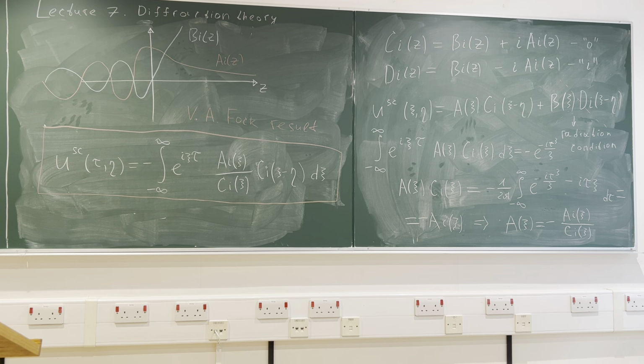And for example, from this solution, you can recover all the creeping waves this problem generates. So when the wave falls, then you have a bunch of modes creeping slowly along the boundary of the cylinder, and they behave like Airy. So they oscillate close to the surface of the cylinder, and then they exponentially decay away. So they only exist in a narrow region close to the surface of the cylinder.